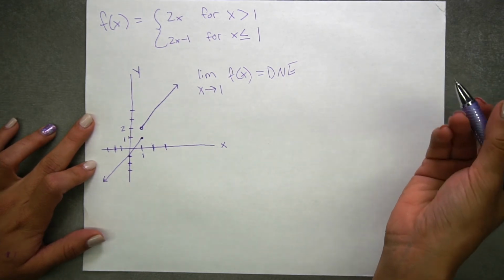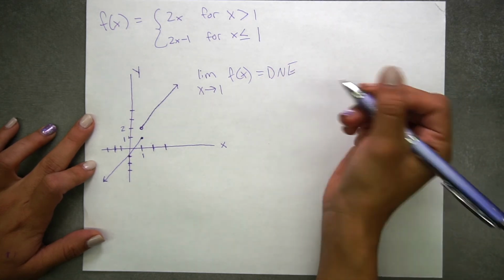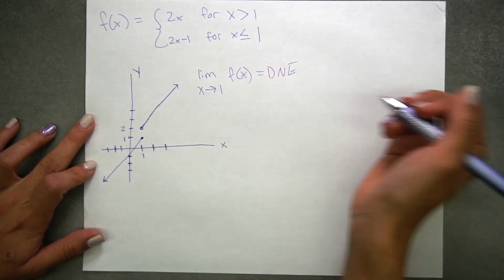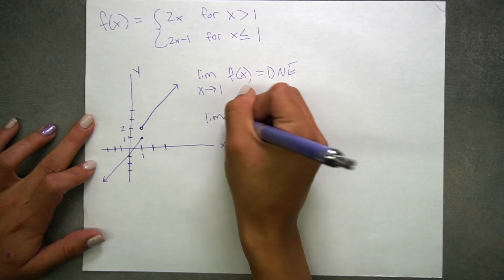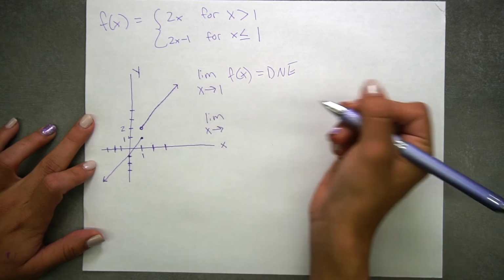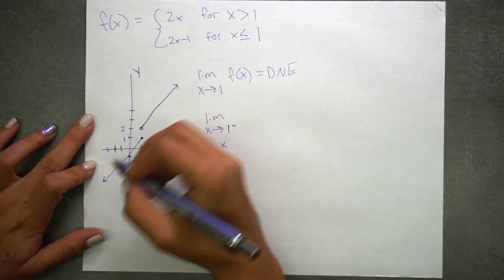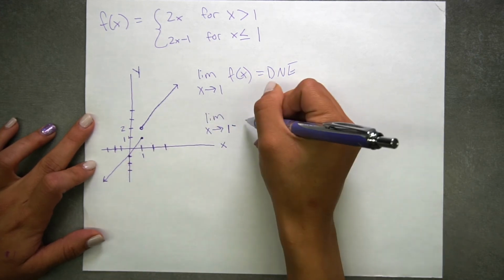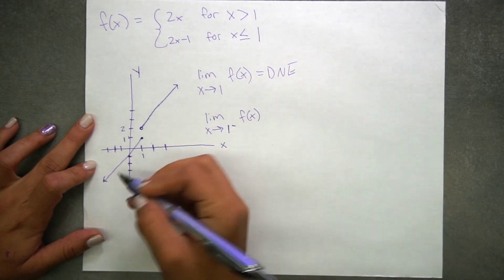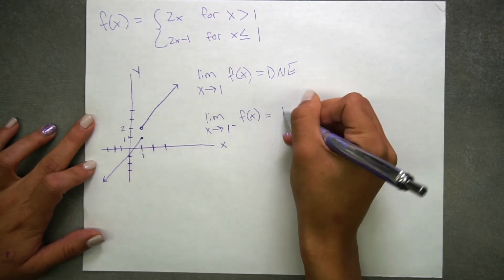But we could further state the one-sided limits. The limit as x approaches 1 from the left side, we use a little minus sign to indicate that it's coming from the left, is 1.